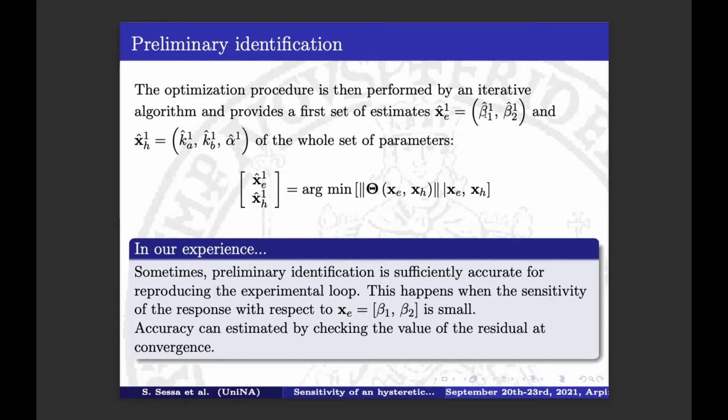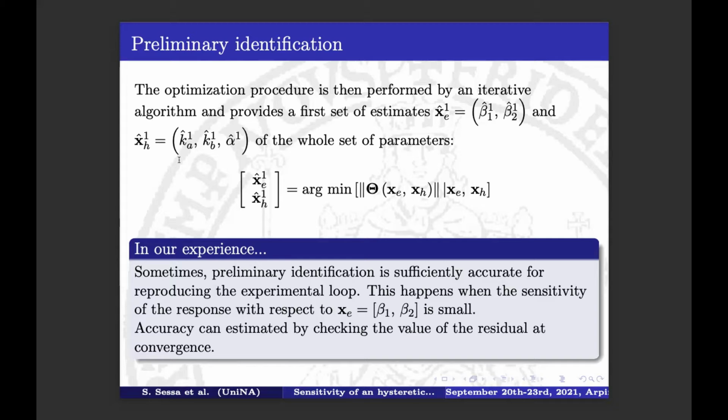So the first identification is not really sensitive to the beta parameters, but in some cases, this first step is already sufficient to provide a good accuracy of the hysteretic model. And this happens when we have a kind of linear hardening behavior at the end of the curve.